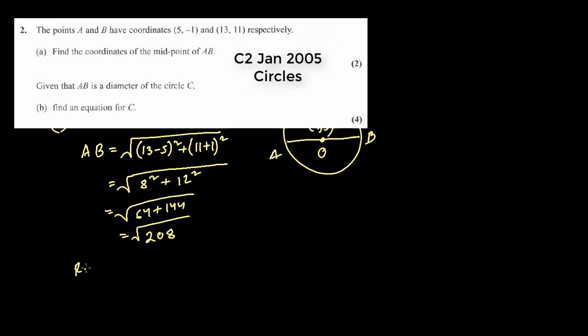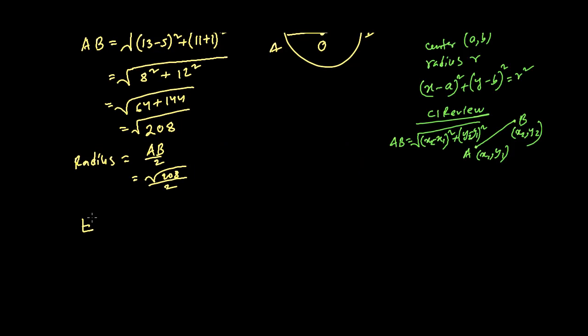The radius is going to be half of the diameter, so radius is AB by 2, which is the square root of 208 divided by 2.